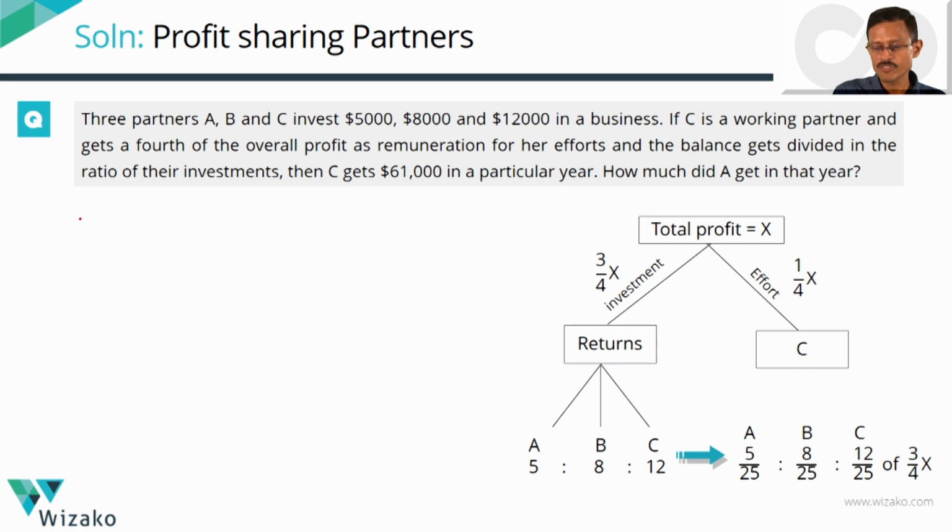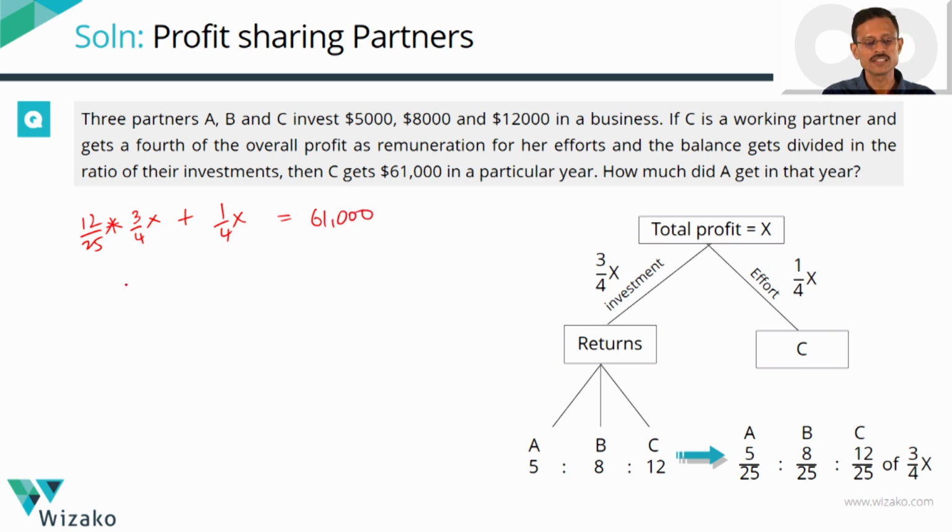The profit share for C is equal to 12/25 of what is being shared? 3/4 of X, of 3/4X. What is the remuneration that this guy got? He got a remuneration. We'll make this a star so there's no confusion between X and the star. This guy takes home 1/4 of X as remuneration. Totally, C takes home $61,000 in a year.